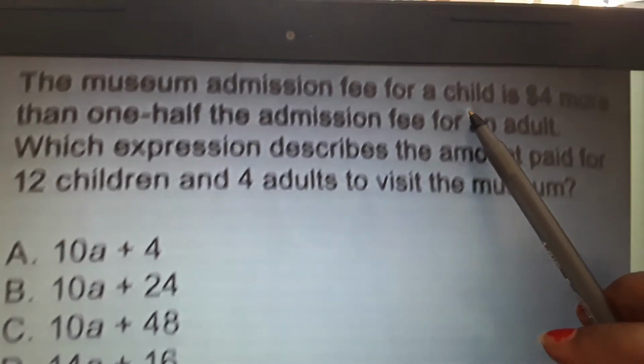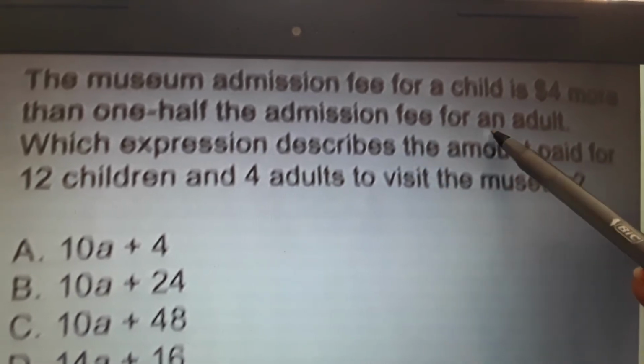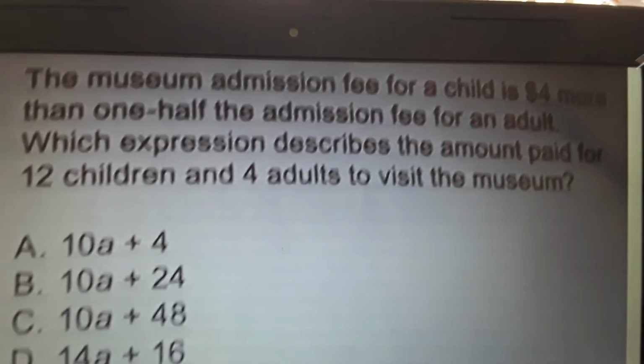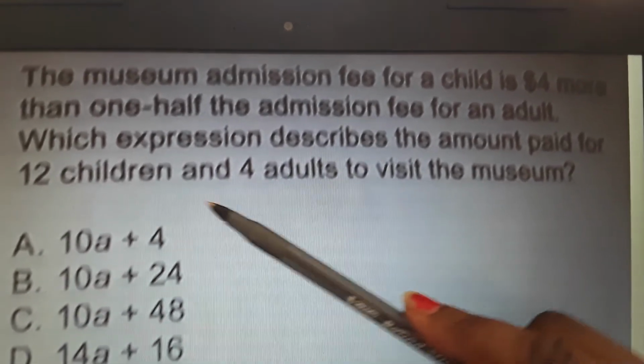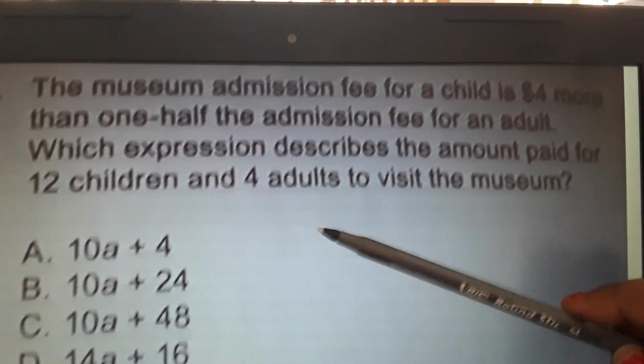A child is 4 more than 1/2 the admission for an adult. So that's important. So there's a different price for a child than it is for an adult. So you got to see that. Then it goes on to tell me that I'm paying for 12 children and 4 adults. So again, important.